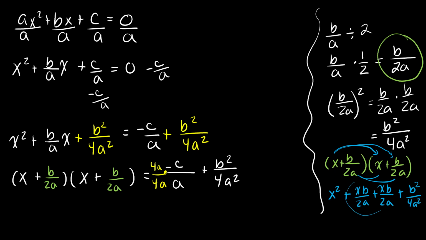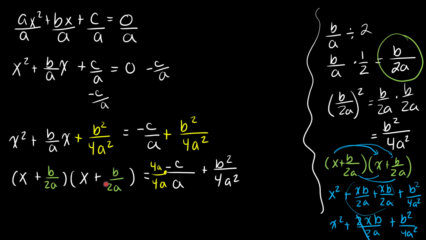And then this middle part, you've got the same thing twice, so you have 2 of them, 2xb over 2a, but notice that the 2s cancel out and you get the xb over a, which is what we knew we had.